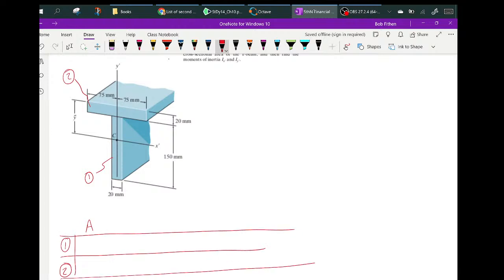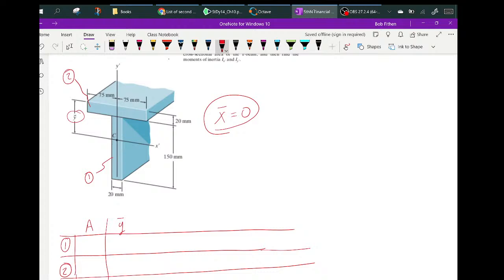Now the first thing he is moderately interested in is the y bar. The x bar is pretty easy because it's symmetric about this side as it is about that way. So if you cut it right down the middle, it'll be a mirror image of each other. So there's no real reason to find that. But the y bar of each section there is.